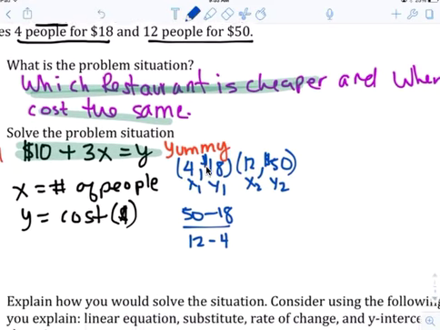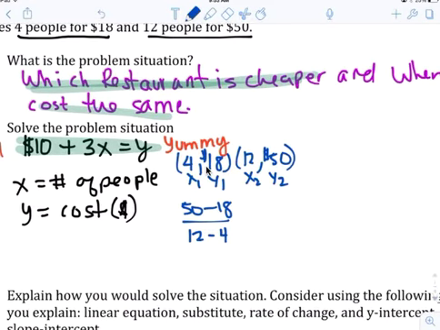Your rate of change in this case is 32 over 8, which is 4. Your slope is 4, right? Yes. 32 plus 18 is 50.